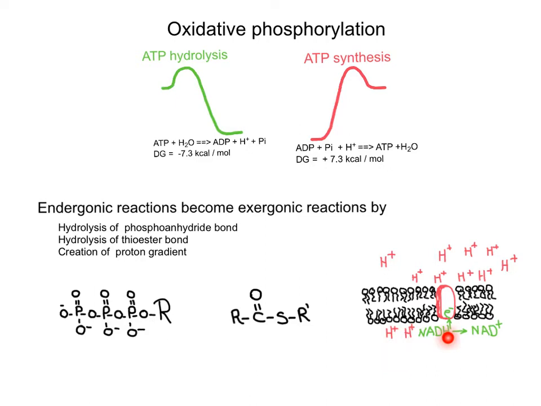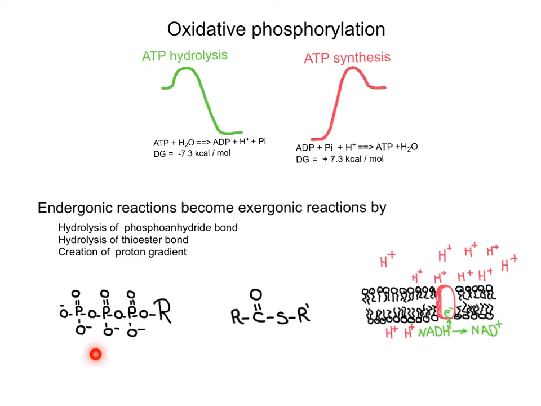Reoxidation of coenzymes and ATP synthesis are coupled by a proton gradient across the inner membrane of the mitochondria. The transfer of electrons from reduced coenzymes to proteins embedded in the inner membrane leads to the pumping of protons from the matrix to the intermembrane space.